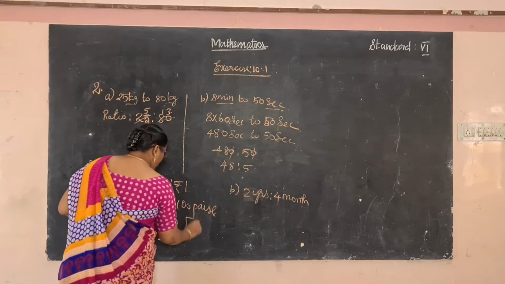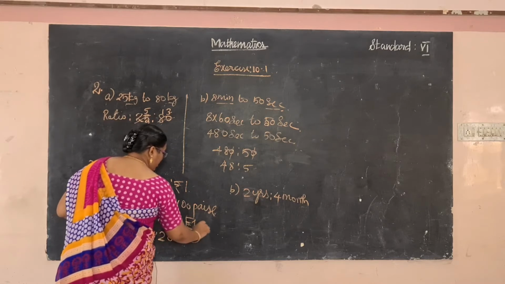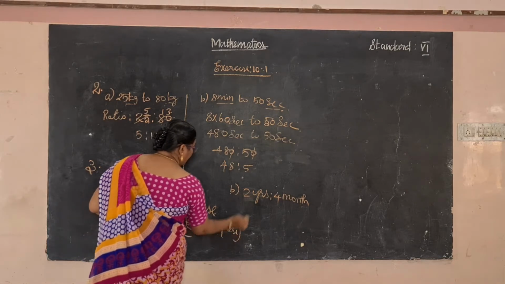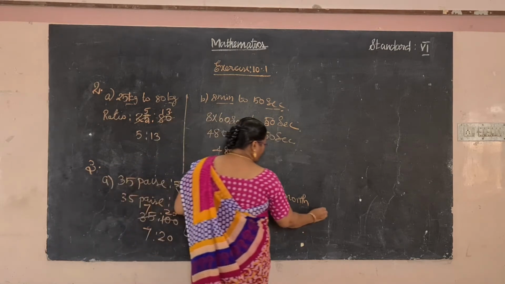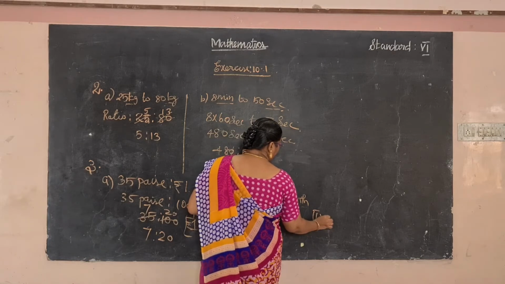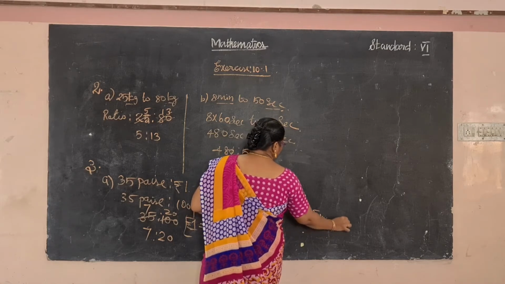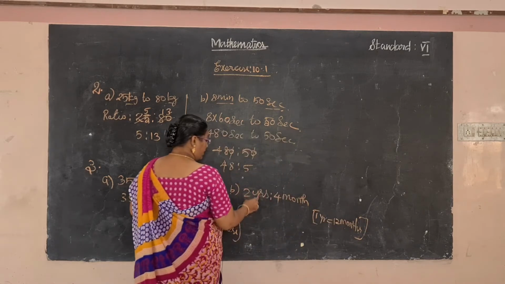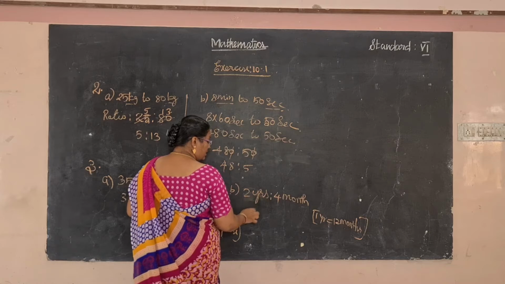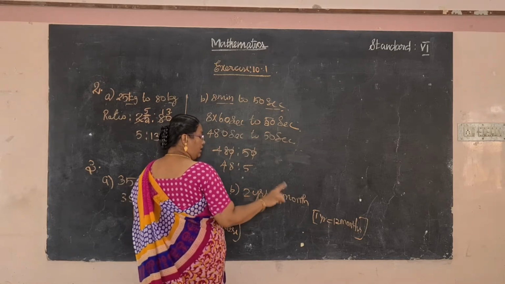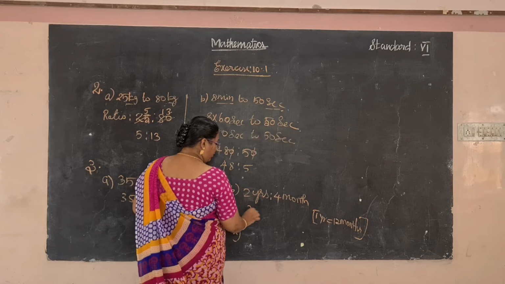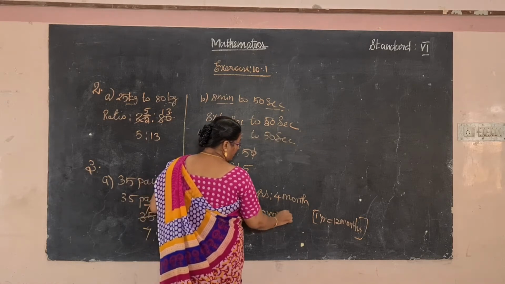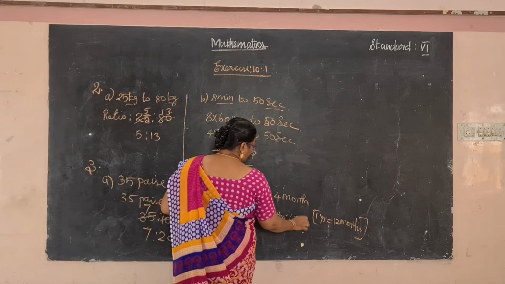So 1 year is 12 months, 2 years is 24 months, is to 4 months.